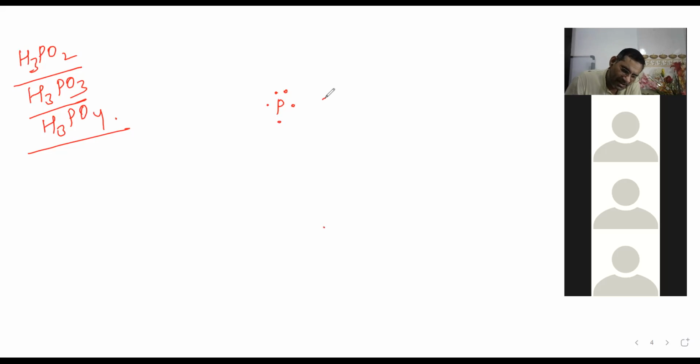One oxygen will be having two unpaired electrons. One hydrogen will be having one unpaired. In this way, all unpaired electrons of hydrogen as well as oxygen will get completed, and the octet of oxygen also will get completed. Now see, you can draw this structure also. One more oxygen, one more oxygen, one hydrogen.